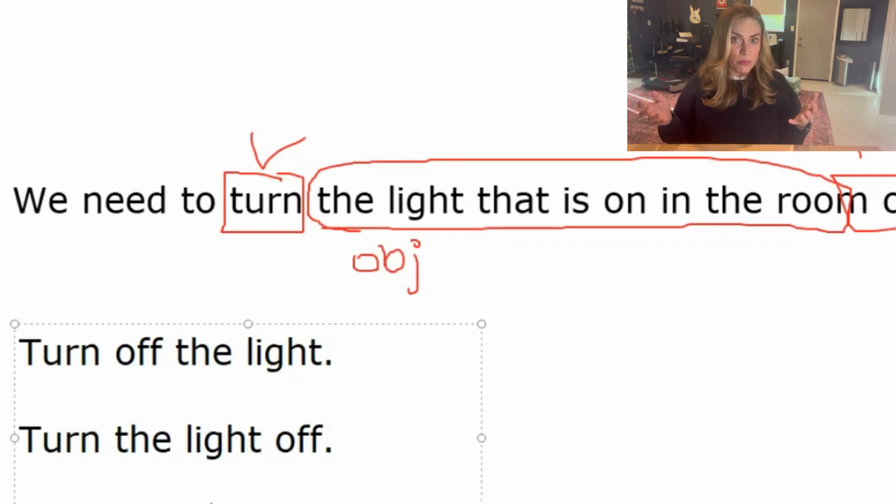It is separable. But with any separable phrasal verb, when you put an object that's very long between it, it's not a good idea, because it's just too much information separating the verb from the particle, and that makes it hard for the listener to follow your ideas.